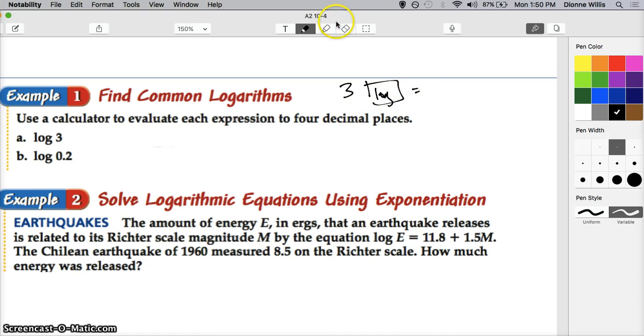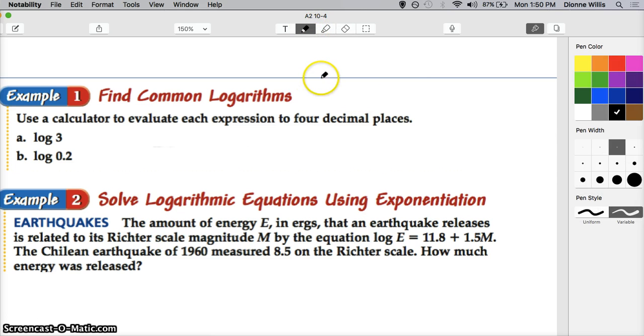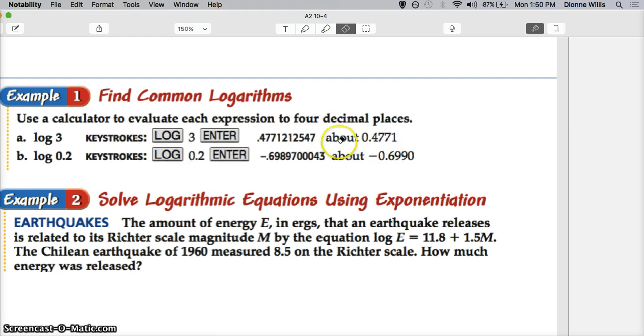Right now, go get your calculator, pause me, and make sure you understand how to use it, whether it's Desmos or some other online tool, so that when you do log of 3 and log of 0.2, you get these values here, 0.4771 and negative 0.6990. All right, so that's all this example is about. So I thought we'd just do that quickly.